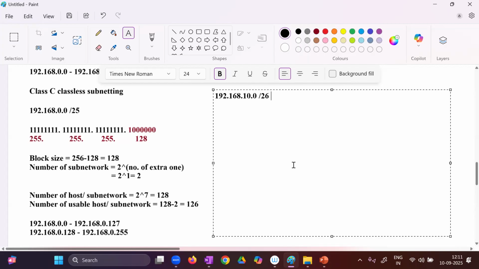Then you write all the subnetworks also. This is the question. Then do it.